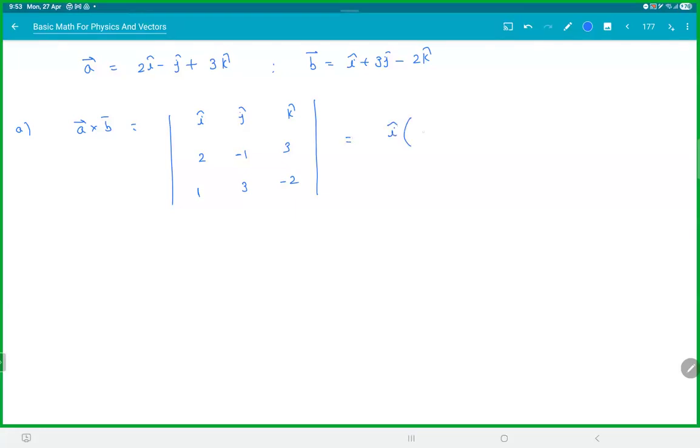This would be I cap, that is 2 -9, minus J cap, -4 -3, plus 1, -7 I cap plus 7 J cap. Interesting. 7 K cap. All about that 7.